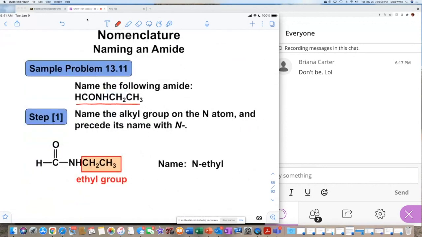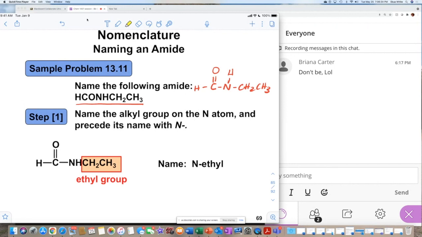So when we're naming this one here, I like to draw it out. So I have a carbonyl, N, H, CH2, CH3.